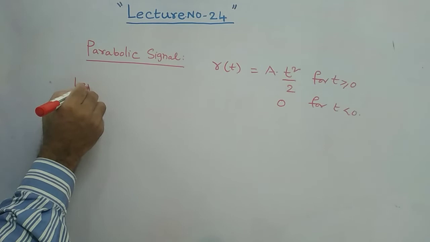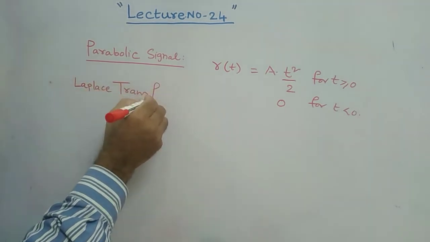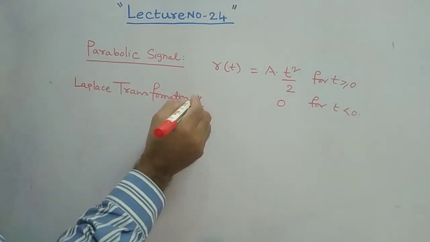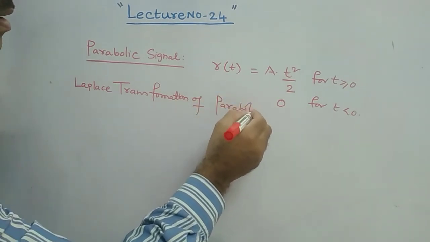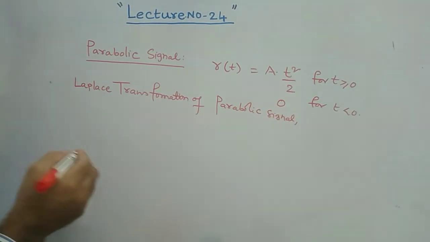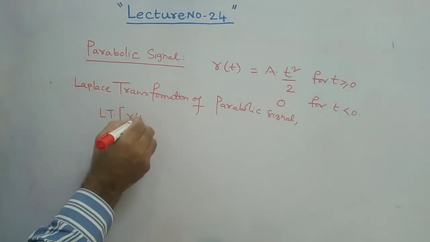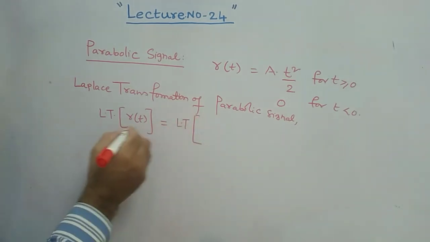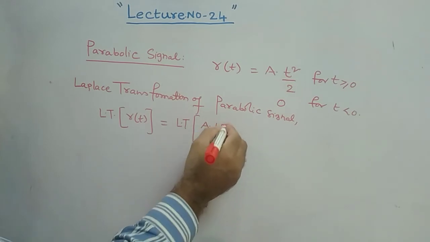The Laplace transformation of r(t) is nothing but the Laplace transformation of a into t square by 2, is it not?